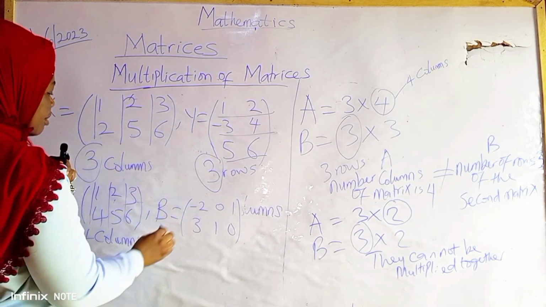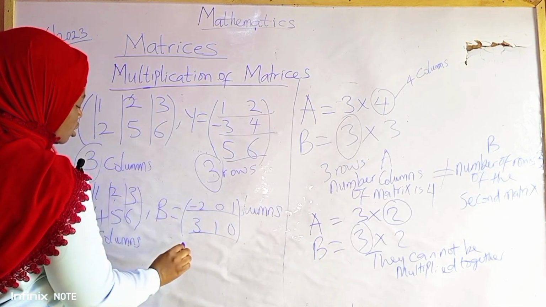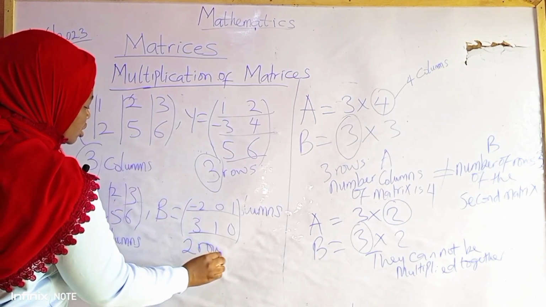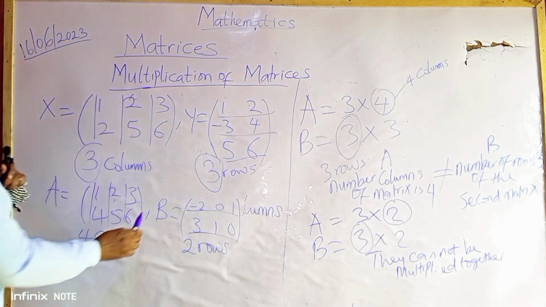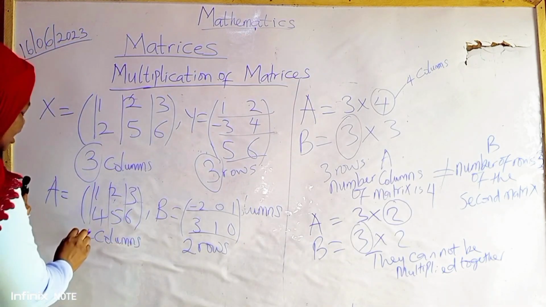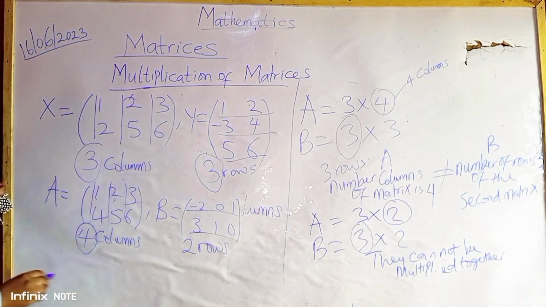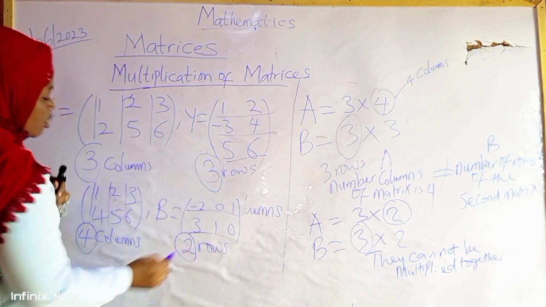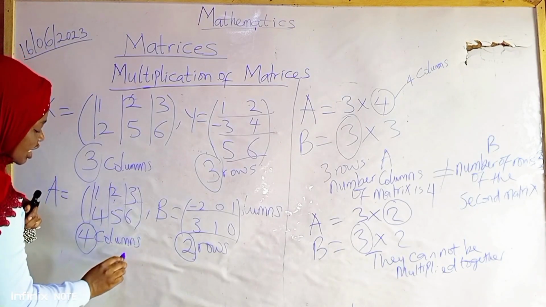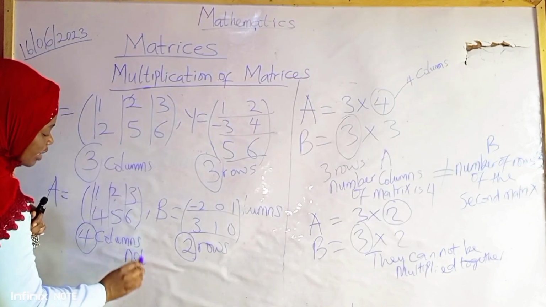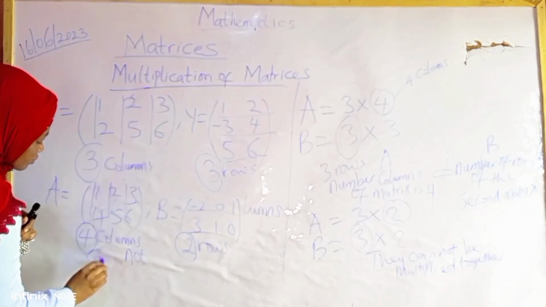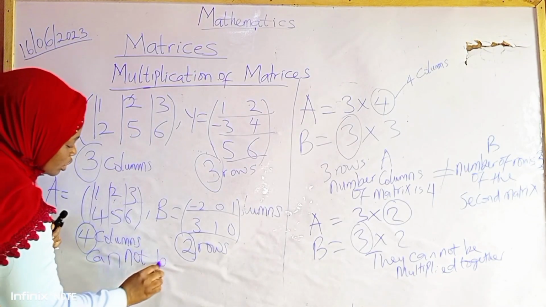And this one has how many rows? 1, 2. So it has 2 rows. Although they are of the same order, the number of columns of the first matrix is not the same as the number of rows of the second matrix. That means they cannot be multiplied.